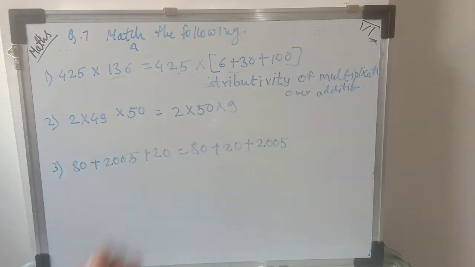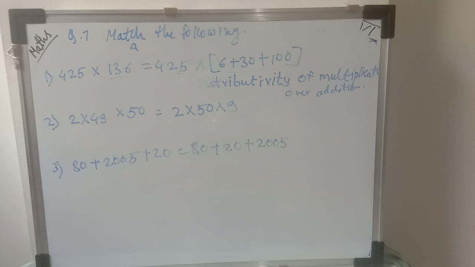Okay, now let's see the second equation. 2 multiplied by 49 multiplied by 50 is equal to 2 multiplied by 50 multiplied by 49.